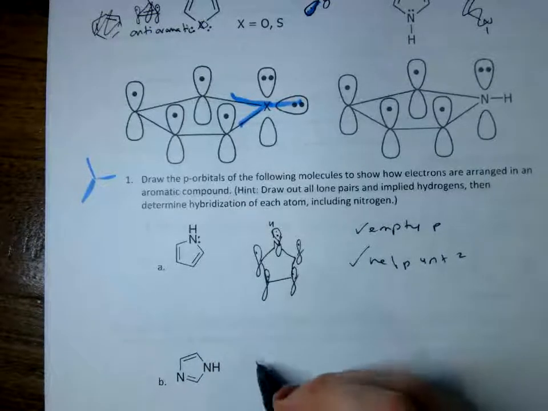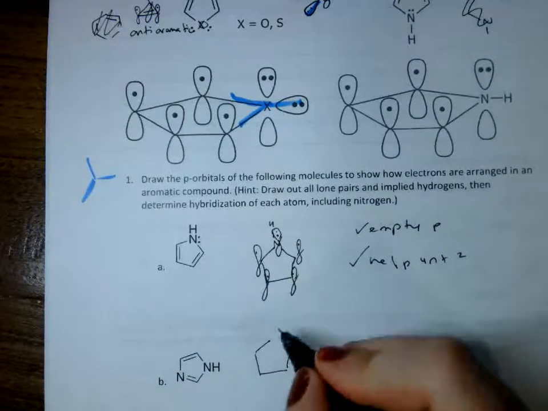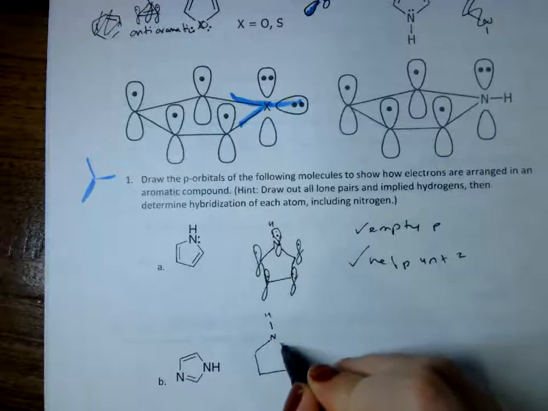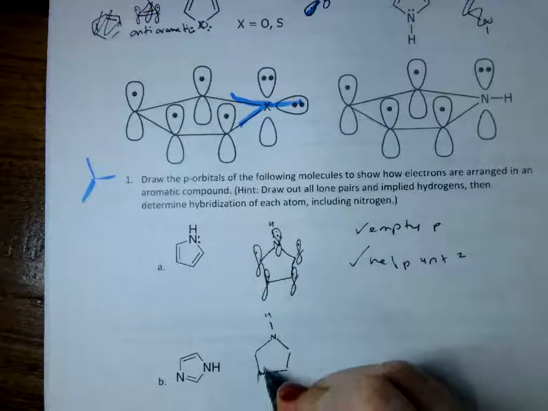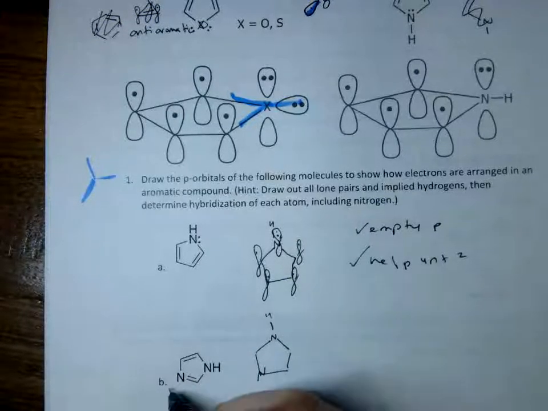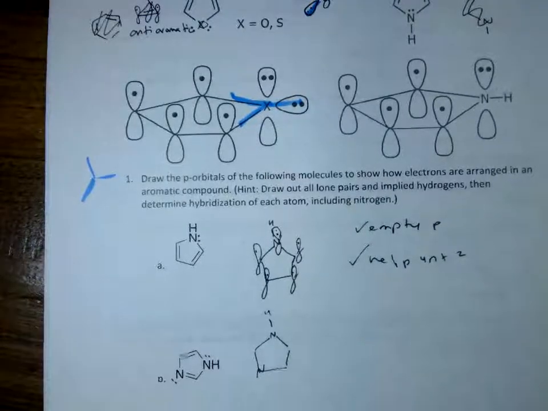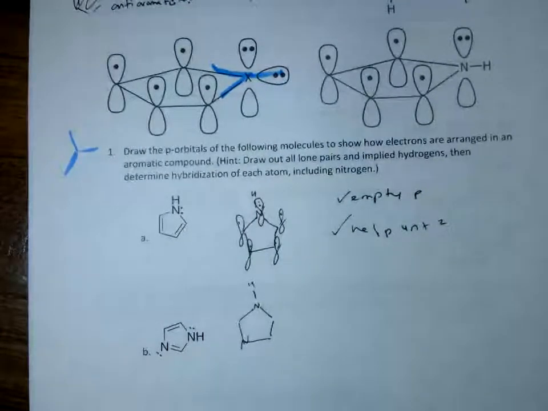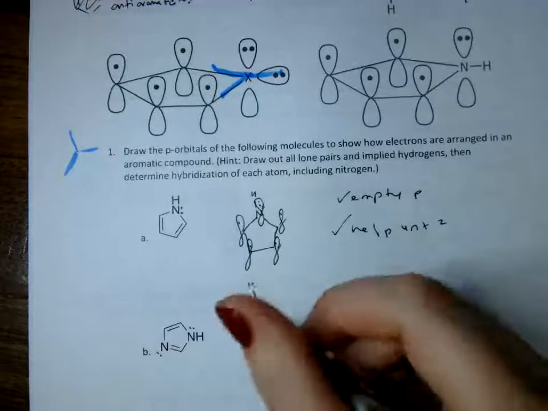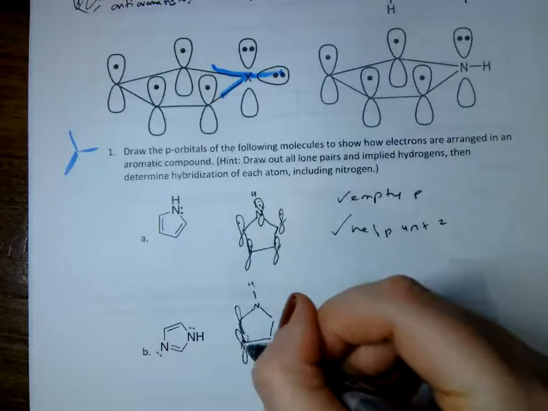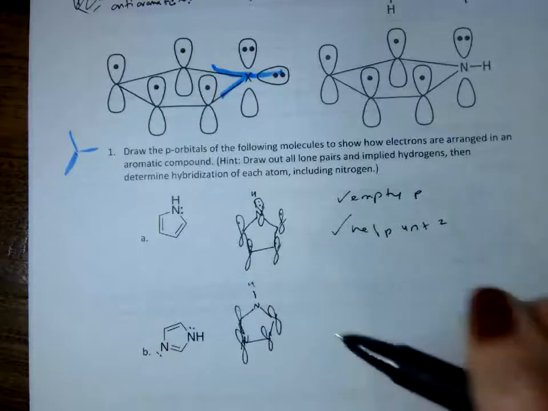Okay, now this one down below is a little bit more complicated. I'm going to turn it to where the H is on top because that's easier for me to see. So this is what we have. There's a lone pair here and here on these nitrogens. So you have to know your Lewis structure rules to know about those lone pairs. But I'm going to start with my double bond here, here, and here.